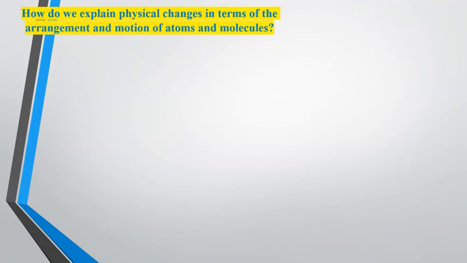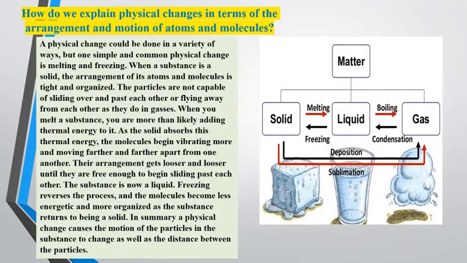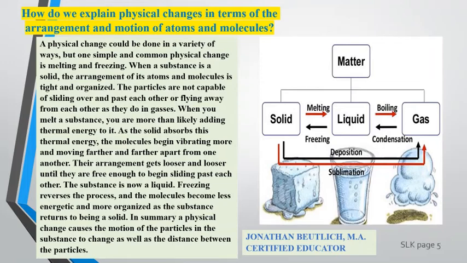So how do we explain physical changes in terms of the arrangement and motion of atoms and molecules? As stated by Jonathan Butlick, which you are able to read on your SLK on page 5, a physical change could be done in a variety of ways. But one common example of physical change is melting and freezing. When a substance is a solid, the arrangement of its atoms and molecules is tight and organized.